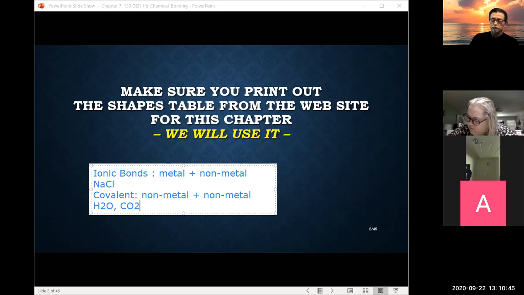All right, so just two basic types of compounds or bonds, ionic bonds and covalent bonds. Now, you may want to download that shapes table because we're going to use that quite a bit, okay? All right, so let me clear this out.